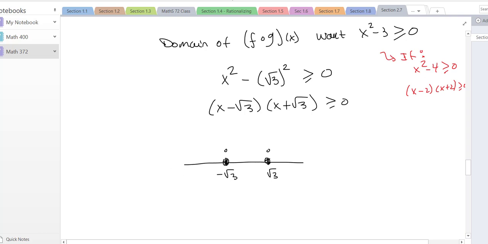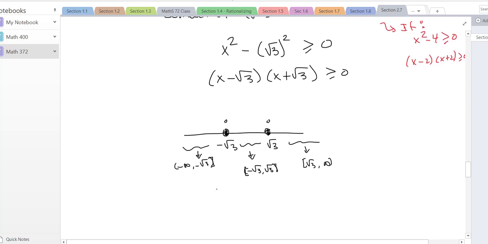Our zeros break it up into 3 regions, 3 intervals: minus infinity to minus root 3, the middle region negative root 3 to root 3, and then the other region root 3 to infinity. And we are including the endpoints, so those should be brackets.